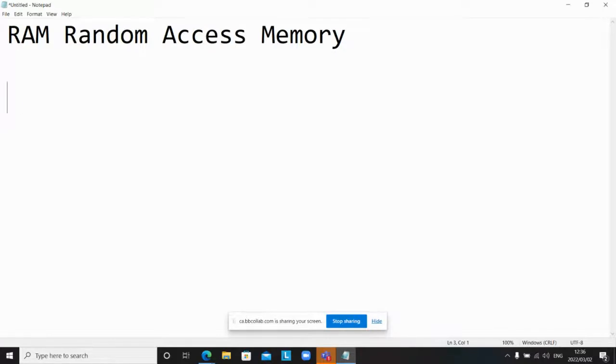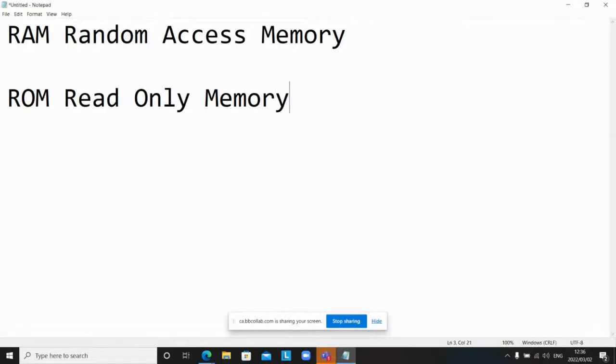And then we have the other primary one, which stands for read-only memory. Your computers have RAM in them, and if you are, for example, working on your assignment, part of your assignment is sitting in the computer RAM, and that is powered by electricity.